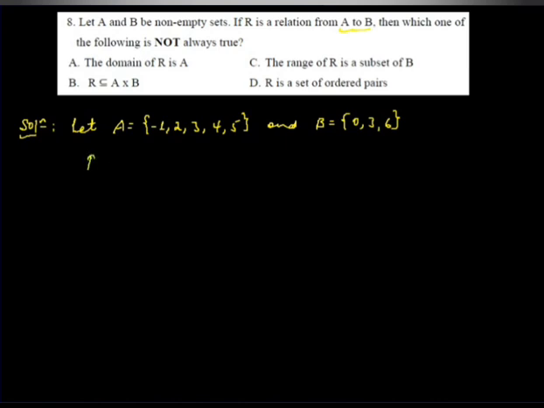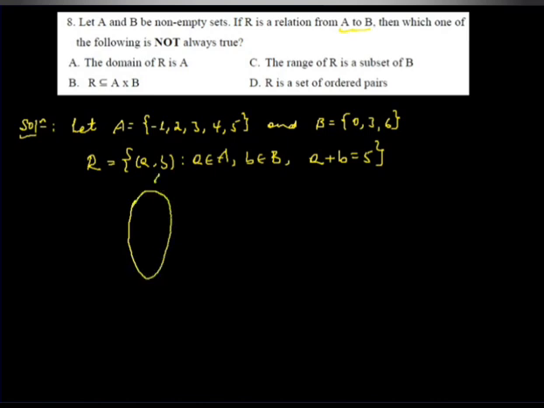If R is a relation from A to B with this condition, where the first entries are taken from the first set and the second entries are taken from the second set, with some extra condition: only pairs whose sum of entries is 5 are members of R. Diagrammatically, if we have a certain set A and set B, let's list out the elements: minus 1, 2, 3, 4, 5 are the elements in A, and 0, 3, 6 in B. What did we say in that question for being a member of R? R is a relation from A to B, but the ordered pairs in R will have this condition.